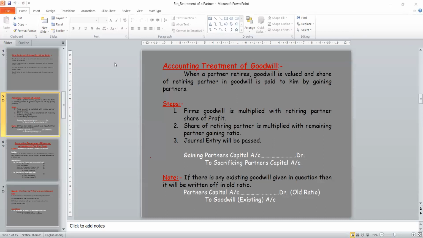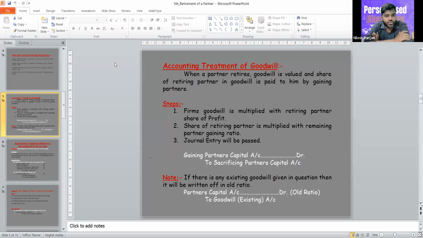Now, if there is any existing goodwill given in the question, then it will be written off in the old ratio: partners' capital accounts debit to goodwill account. I told you there are two types of goodwill. One is valued goodwill, which we have talked about just now, and the second is existing goodwill.